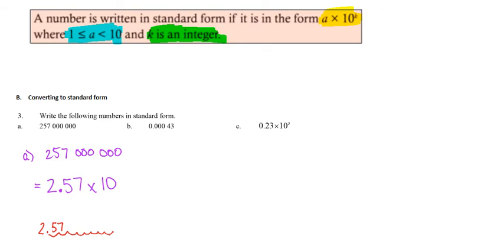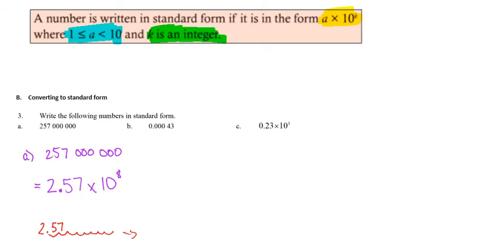So in total, to return to the original value, I move to the right 8 places, which means my exponent is going to be positive because I moved the decimal to the right 8 places. And that's your conversion.